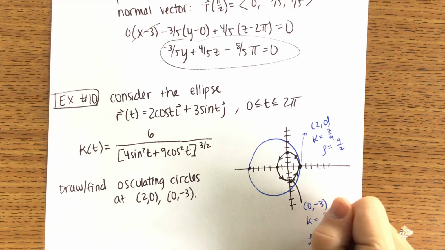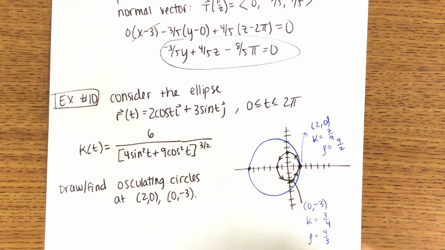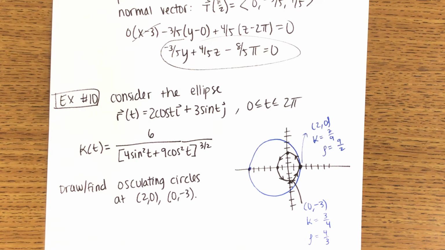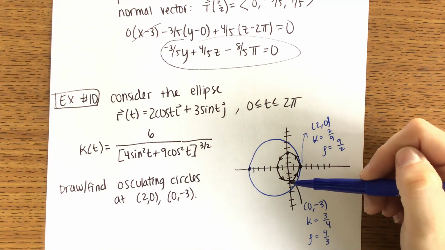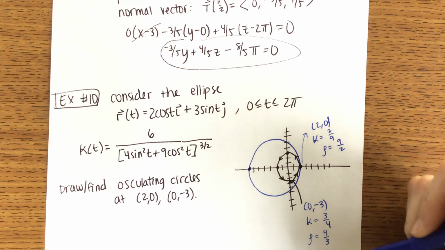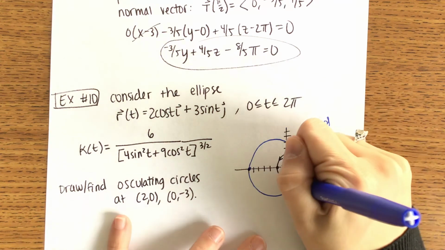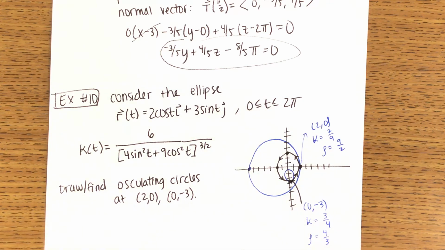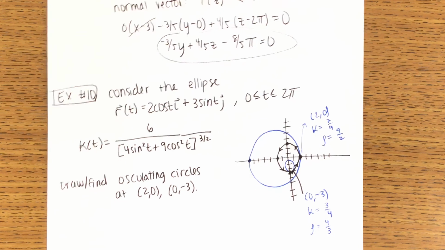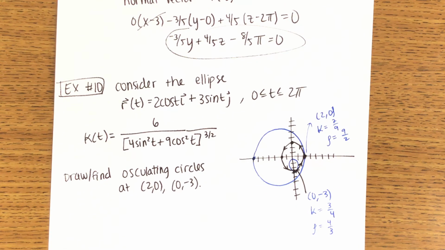That tells us that the radius of curvature is 4 over 3. So then we're drawing a circle here that has a radius of 4/3, which is about there. So that was just another fun osculating circle problem.